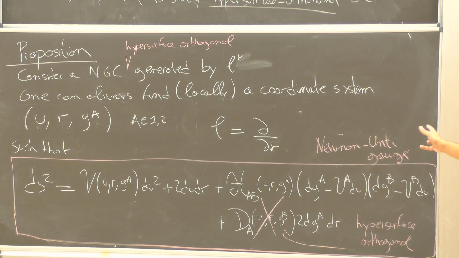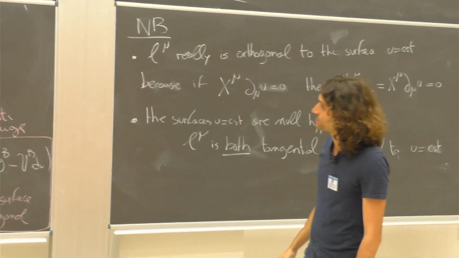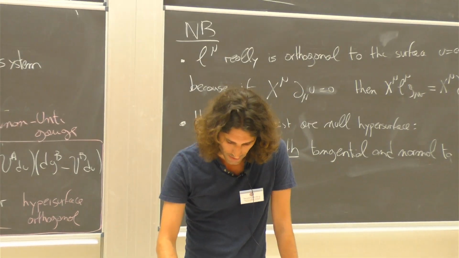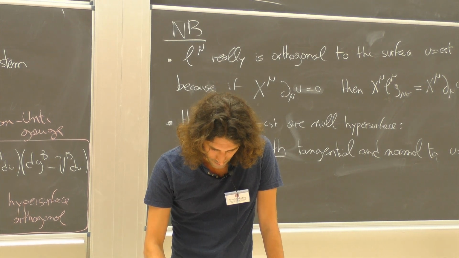The proofs for the existence and everything of this, I put some details in the files. One thing you should be aware of is that this is a constraint. Not every null geodesic congruence satisfies this property. This is a very specific type of null geodesic congruence that you're choosing here, the non-twisting ones.